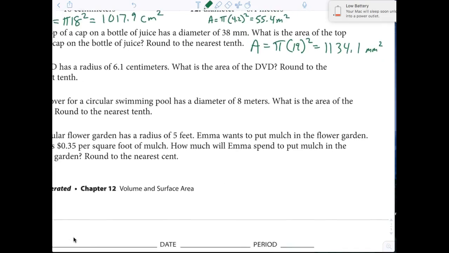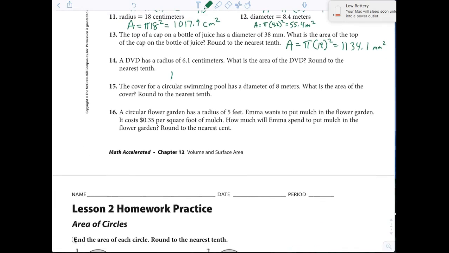A equals pi times 6.1 squared. Good. And I got 116.9. Leighton, tell me about 15.